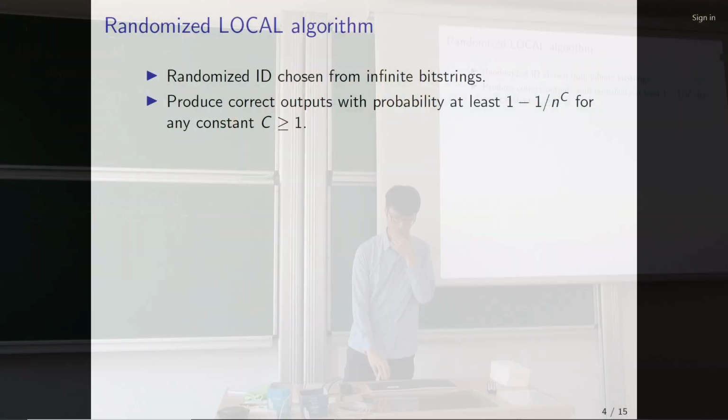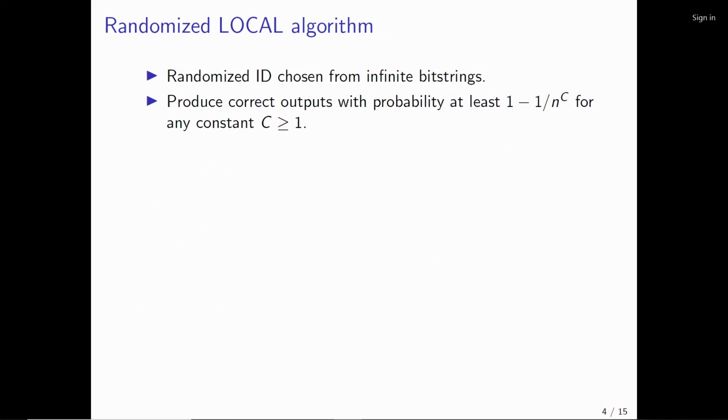Right, so the random part of this is: for any constant c, you want your algorithm to be able to produce correct outputs with probability at least 1 minus 1 over n to the c. So you can get as close to probability 1 as possible.